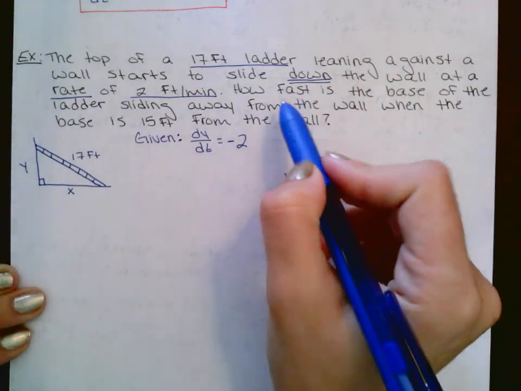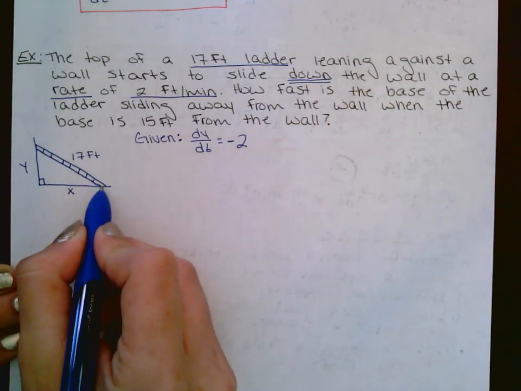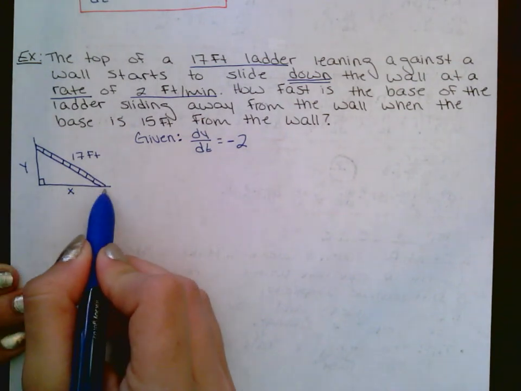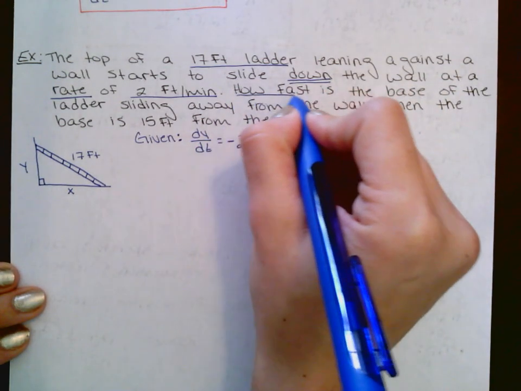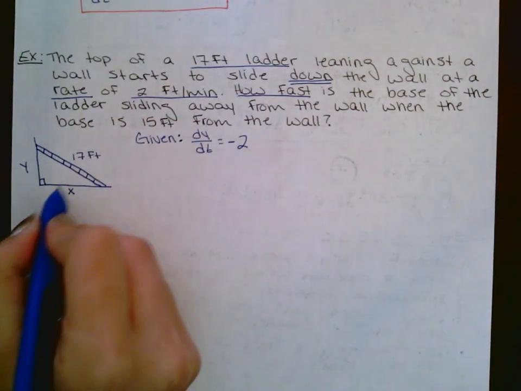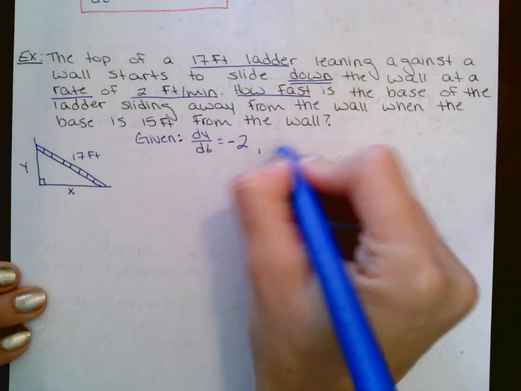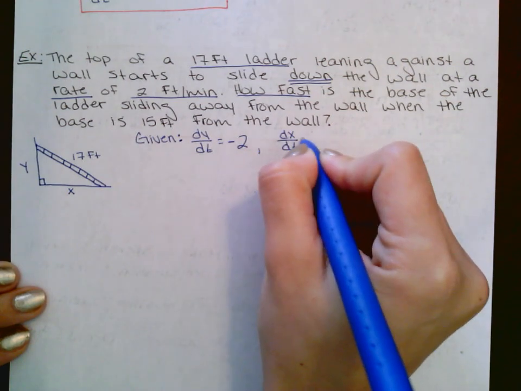Now the question says, how fast is the base of the ladder, so here's the base of the ladder, sliding away from the wall. Okay, so how fast lets you know they're talking about the rate. And then sliding away tells you they're talking about x. So what they're asking you here for is dx dt, right?